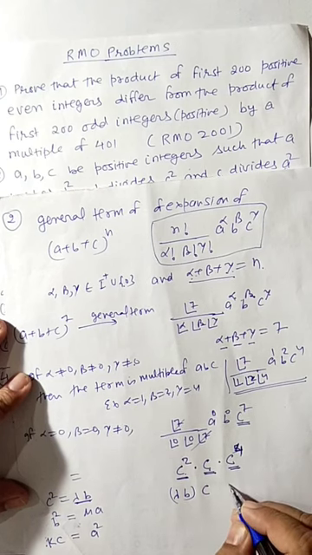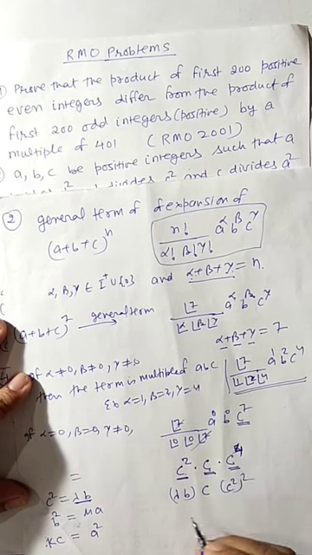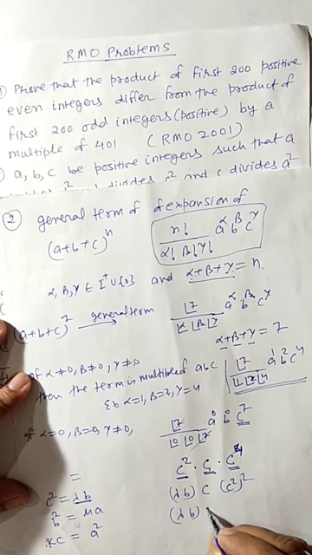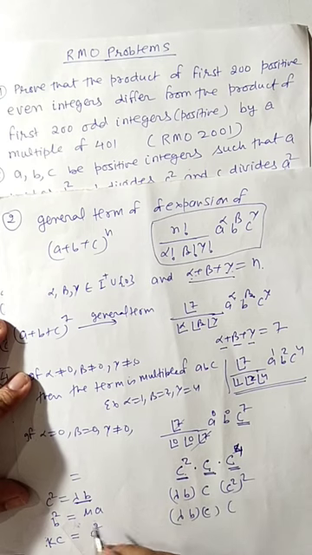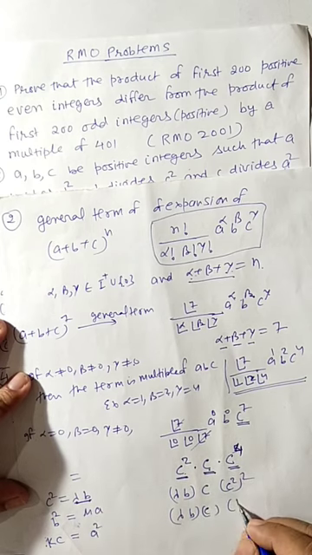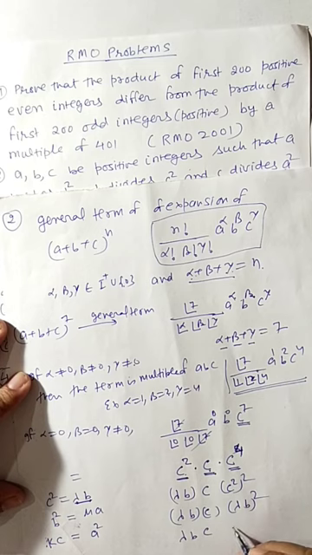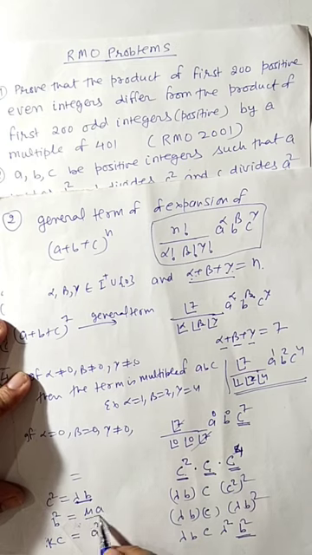Again c^4 is c square squared, so lambda b whole squared. Then lambda b into c into lambda square b square, and b square you can write as mu a.